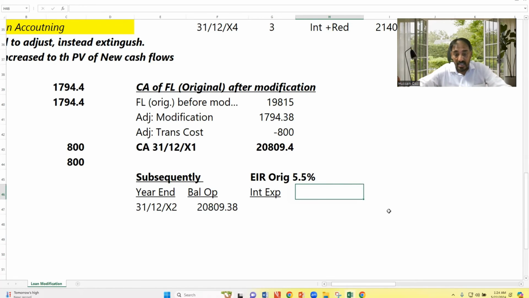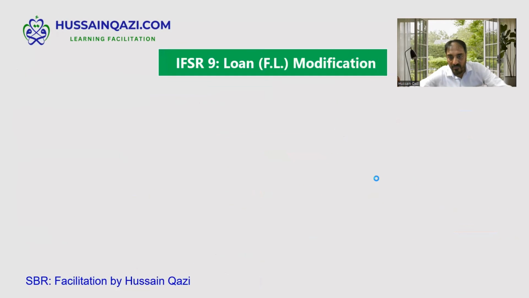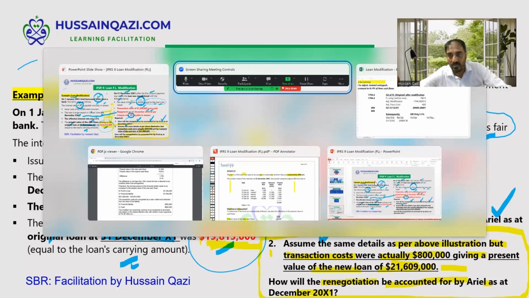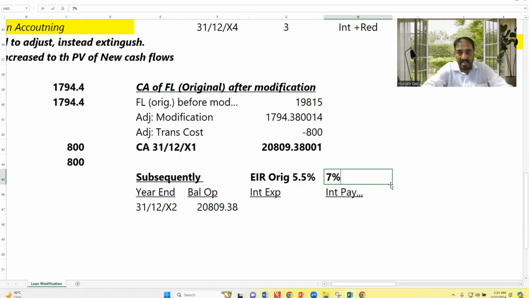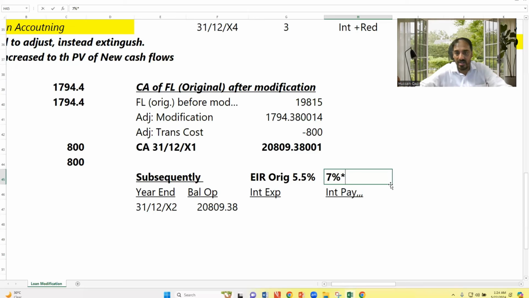Not to change. Interest payments are with the new terms, and the new terms remain the same for part B as well, 7% applied to the fair value of the loan, and the fair value is still 20,000.